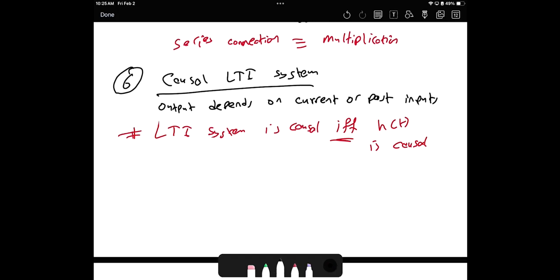This means h of t equals 0 for all t less than 0. So in other words, h of t equals h of t times u of t. So this is how we can make it causal.